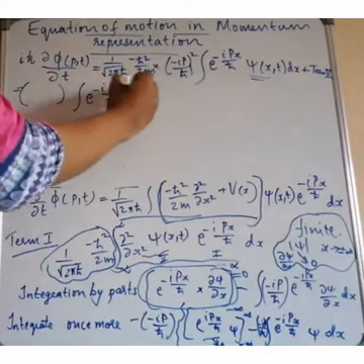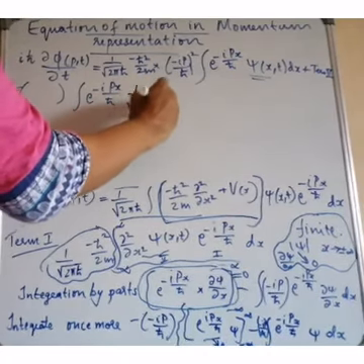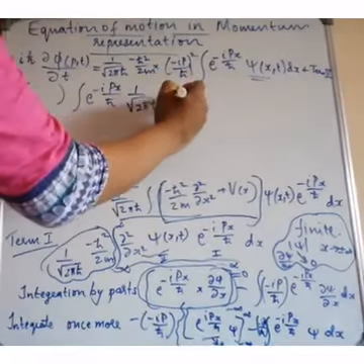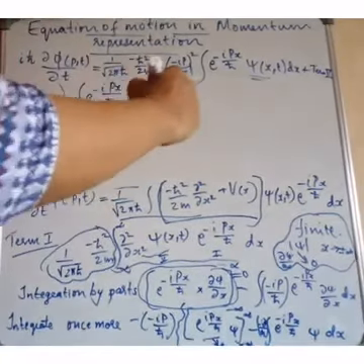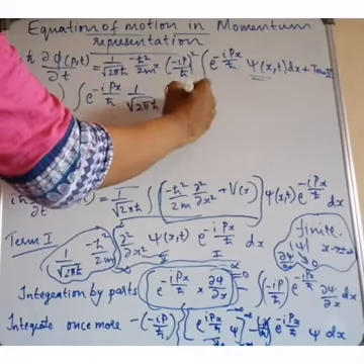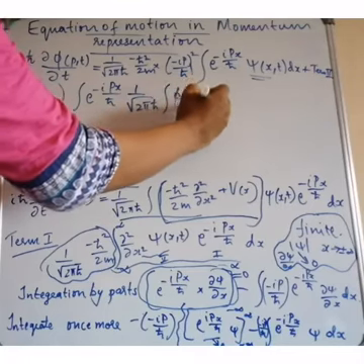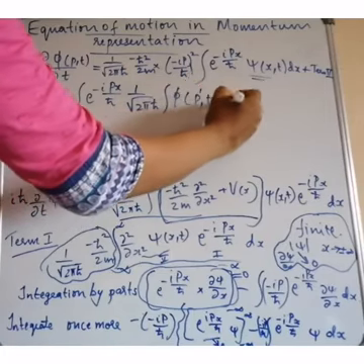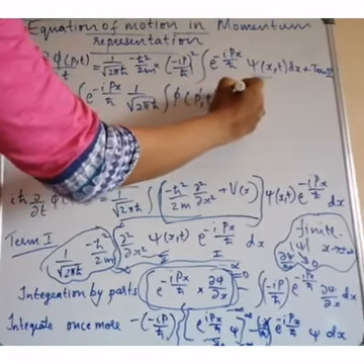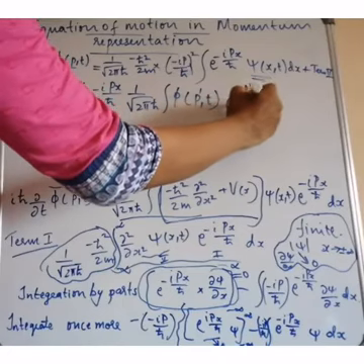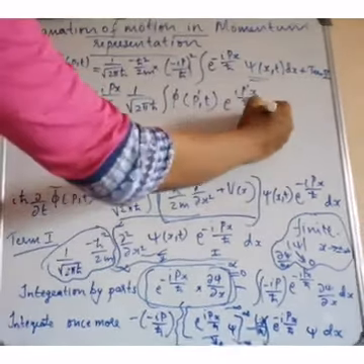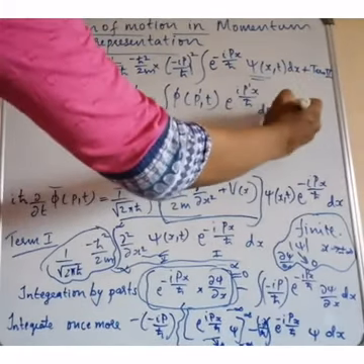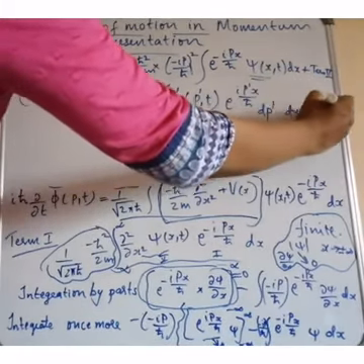The value of ψ is 1 by square root of 2πħ into the integral of φ of p comma t, e raised to ip prime x by ħ dp prime, then dx, plus term 2.